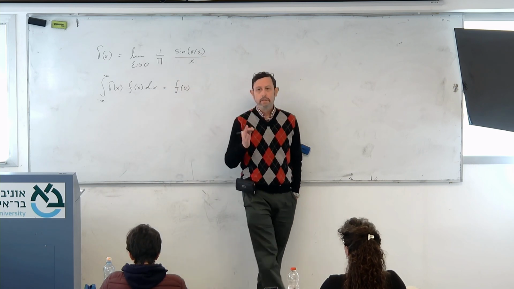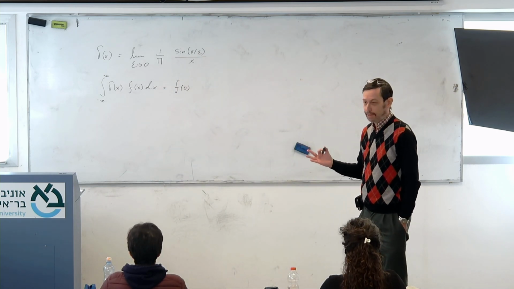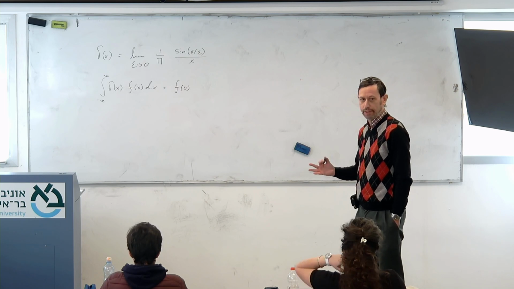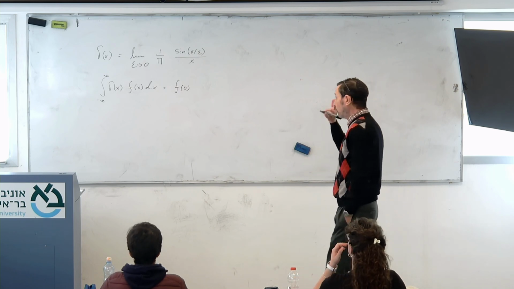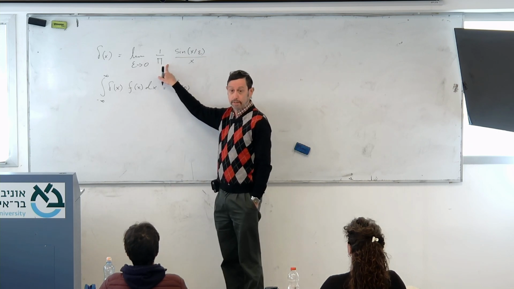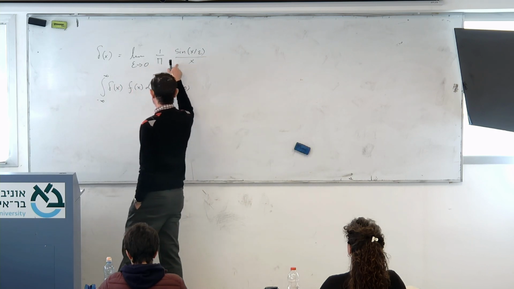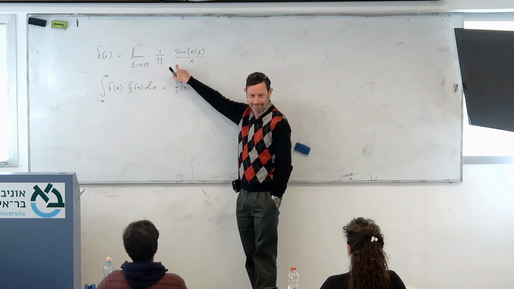Emphasize, any integral with delta is a present. It's the easiest integral we'll ever see. Okay, but let's verify it for this definition of delta. So instead of delta, we'll put in the definition.